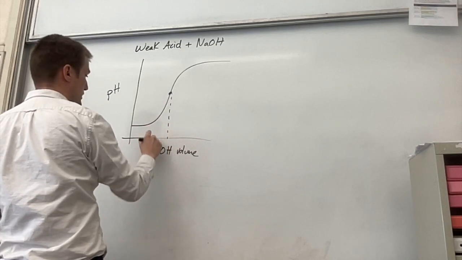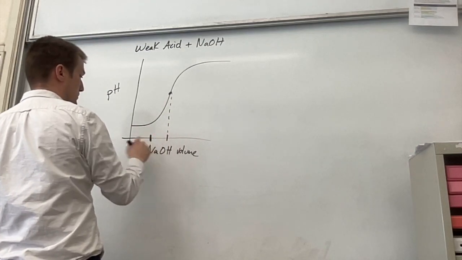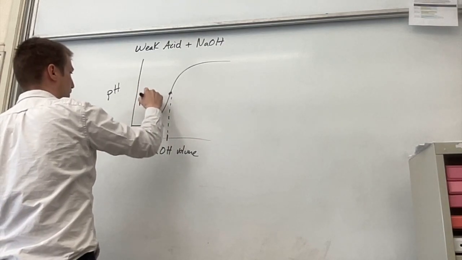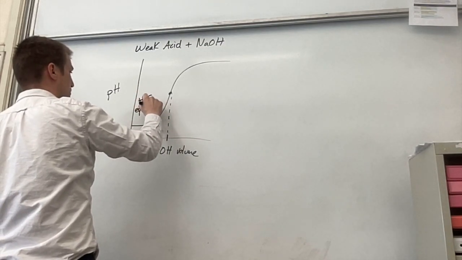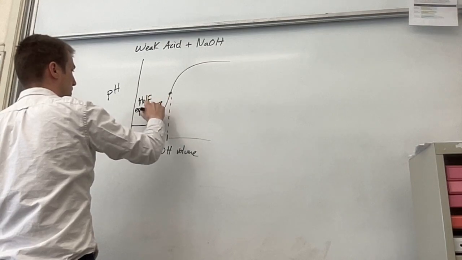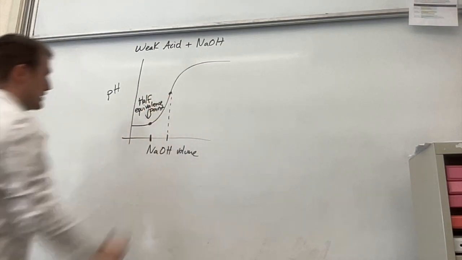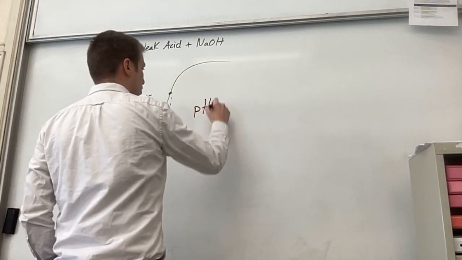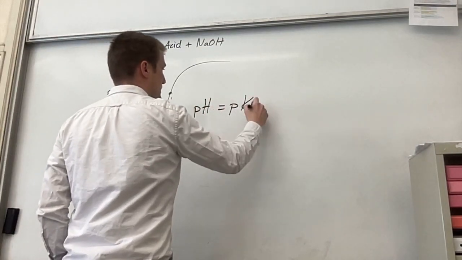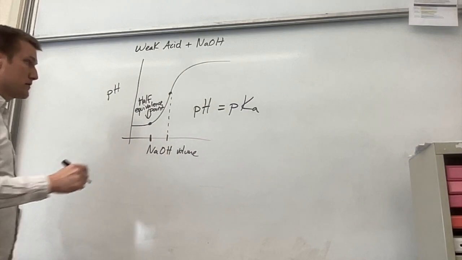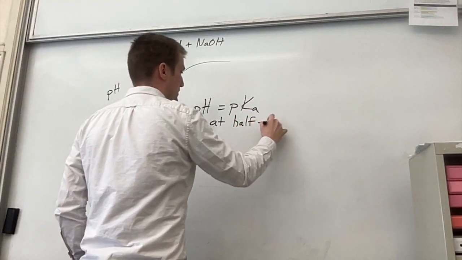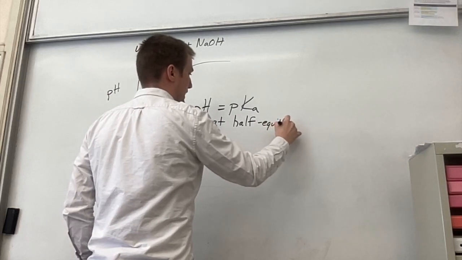Halfway to the equivalence point, the half equivalence point, is relevant for a weak acid because the pH of the weak acid equals the pKa at the half equivalence point. That's a question they like to ask about.